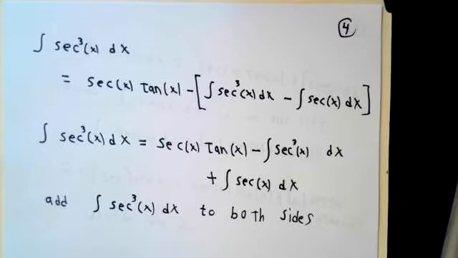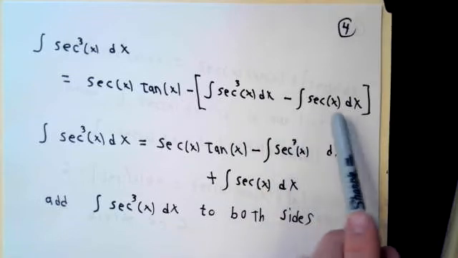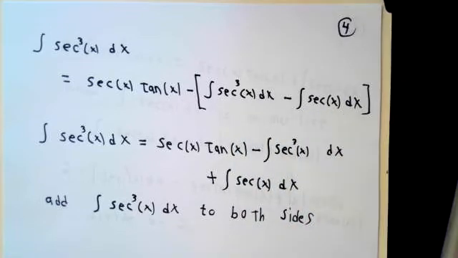If you have an integral of the difference of two functions, such as secant cubed x minus secant x, one of the rules of calculus says I can break that up into two integrals separately. Notice that I put brackets around this so that I'm not going to get confused and mess any plus or minus signs up.